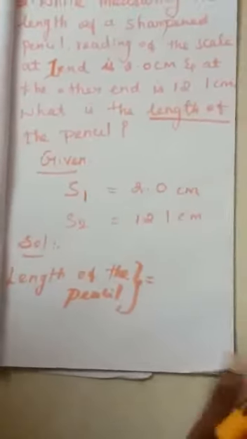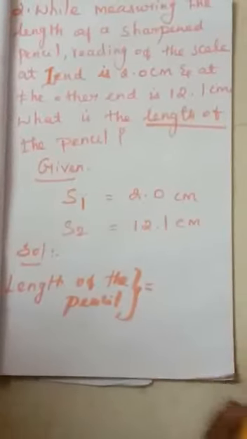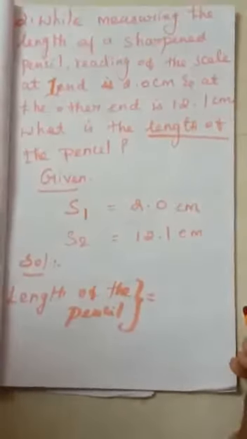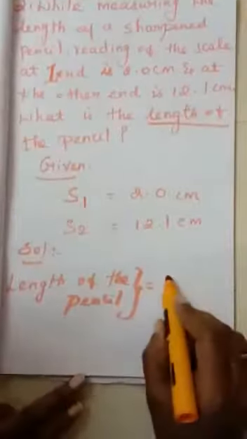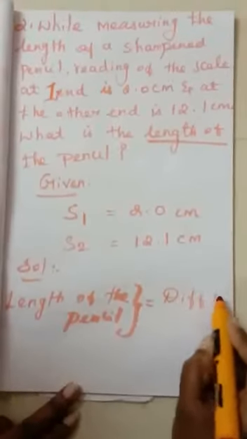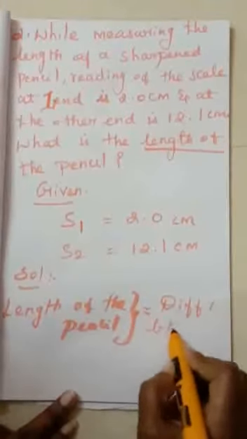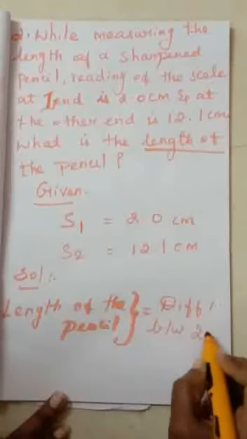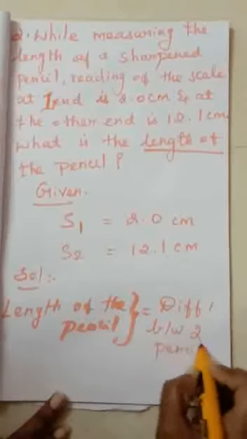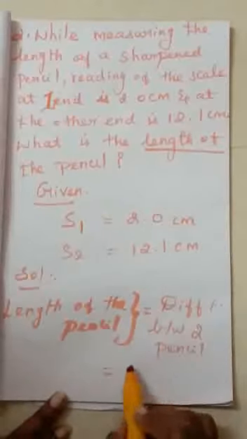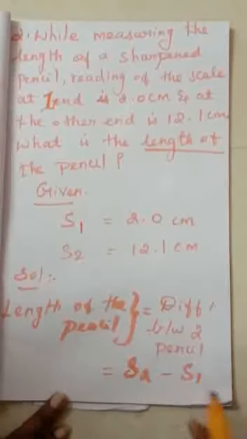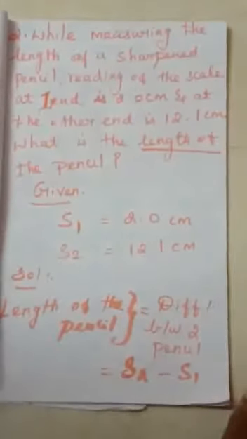In this question, what we are calculating is the difference. This shows the difference between the two ends of the pencil, right? So difference in the sense, which is the large quantity, S2 minus S1. S2 minus S1 is the formula.